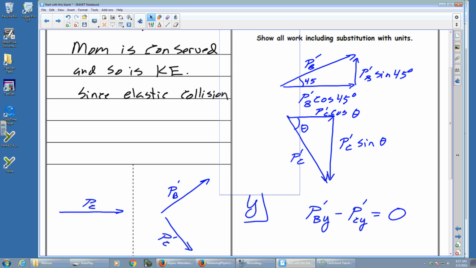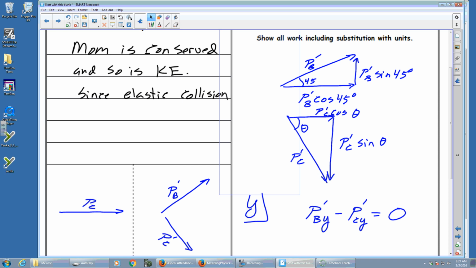I know the mass and I know the velocity of PB. PC, I know the mass, I don't know the speed, and I don't know theta. So two things I don't know in both of the PC terms. And so that's going to lead me to mathematically have to solve for the two equations simultaneously.